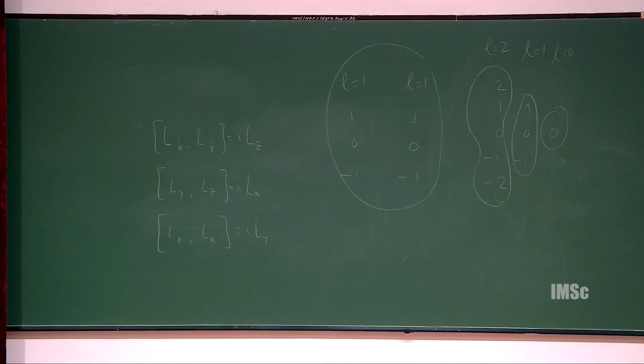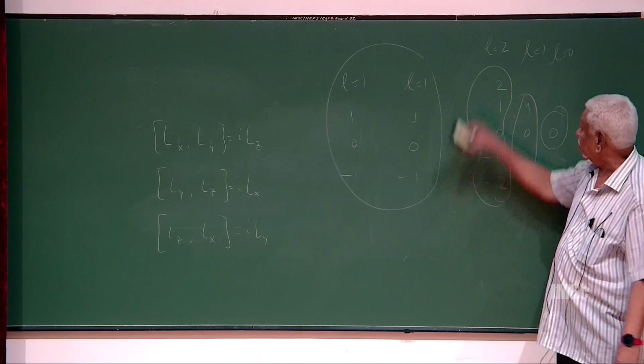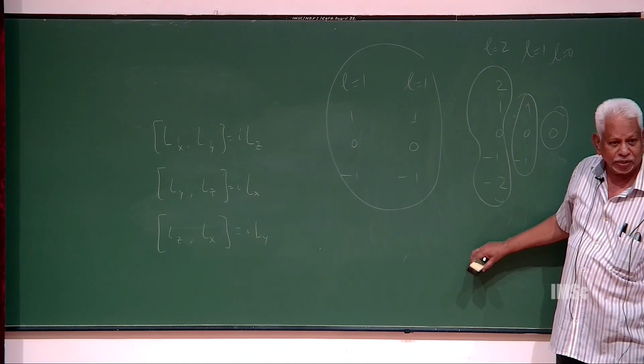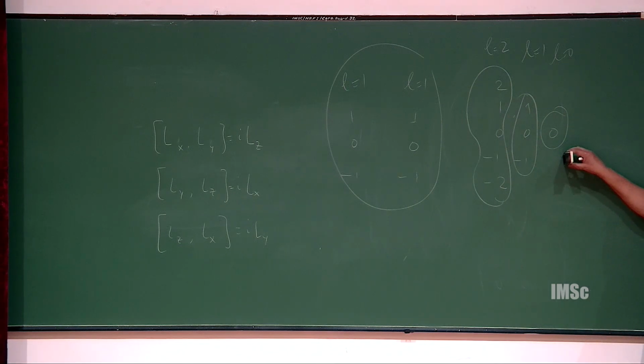Because it can be any combination. I goes from 1, 2, 3, 3 states. J goes from 1, 2, 3. Ij will go over all possible ways, 3 times 3, which is 9 states. So, this composite object will be a 9 by 9 matrix. Out of this, this is the 5 by 5 matrix, this is a 3 by 3 matrix, and this is the 1 by 1 matrix.